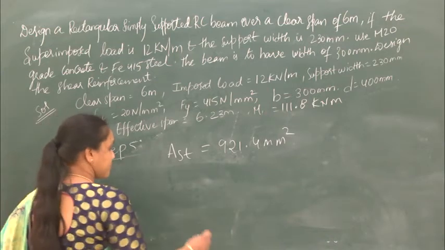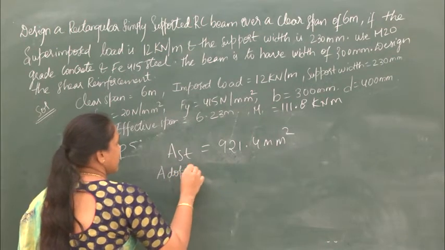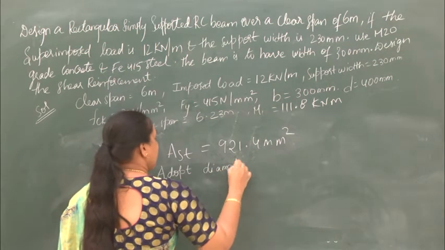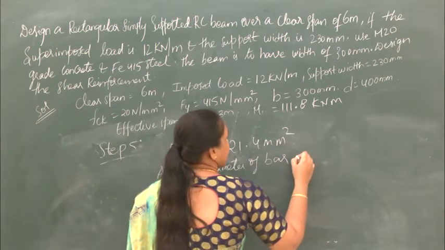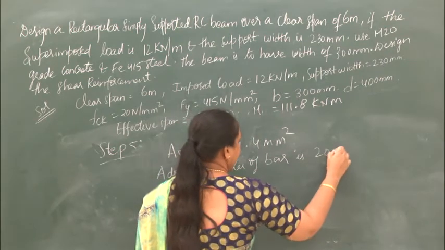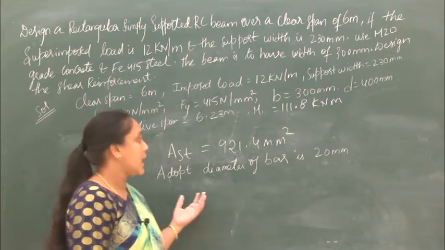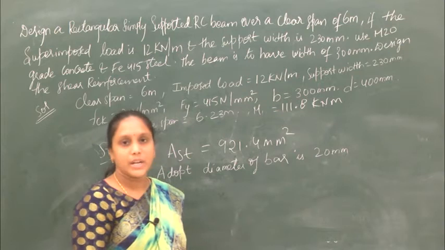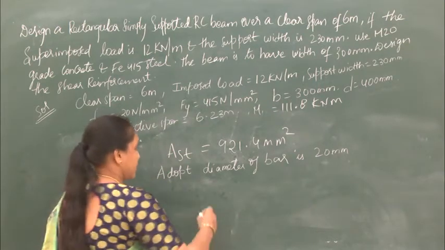Now let us adopt or assume the diameter of bar is 20 mm. So I am providing the diameter of the longitudinal bar as 20 mm. From this I am going to find out the number of bars.